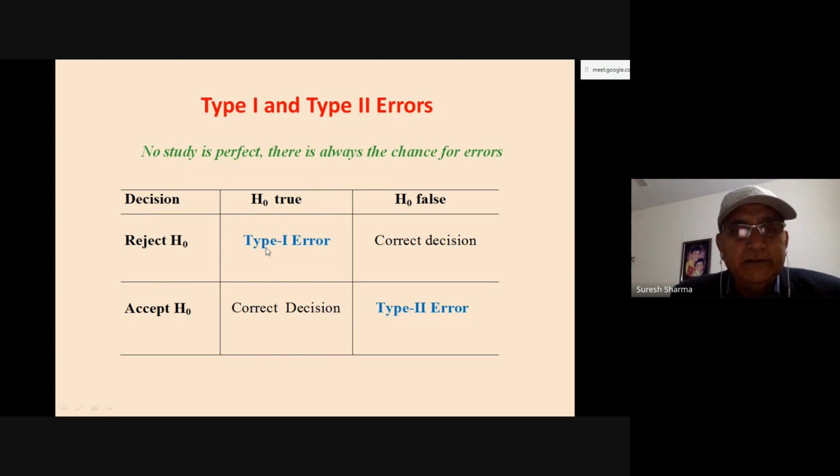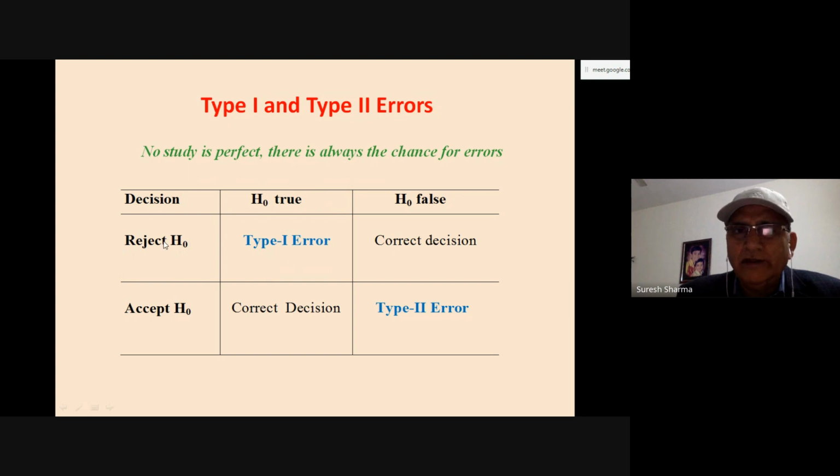And this generally happens in selection procedures because there may be a very good candidate, but the other candidate may be having pull or push. And sometimes the good candidates are not selected, and those people who are having pull and push are selected. That type of error is basically type 1 error. Reject H0 when H0 is true.